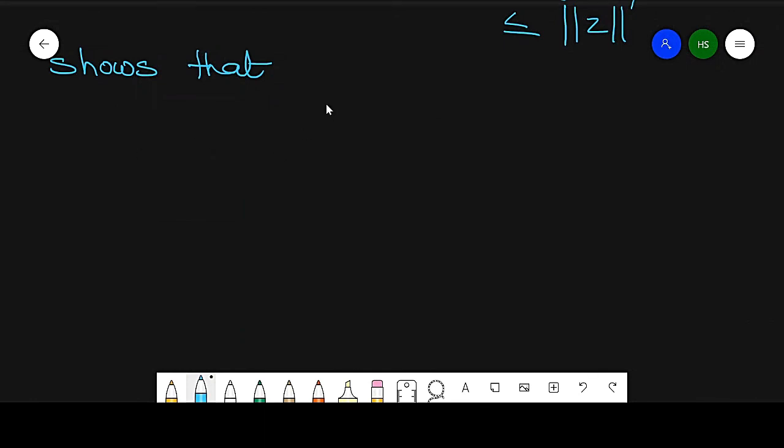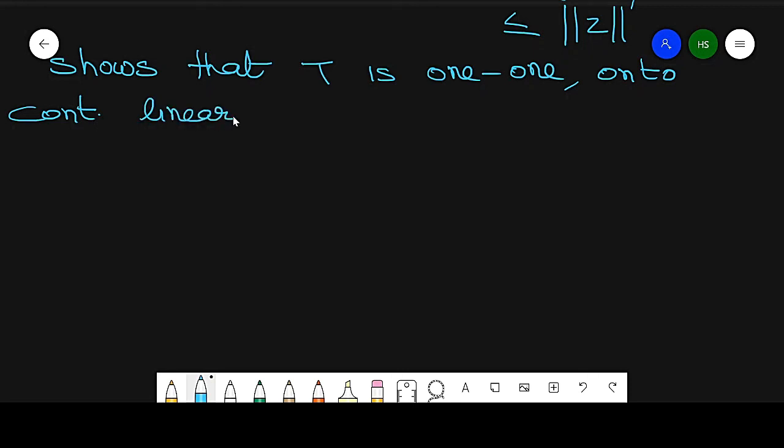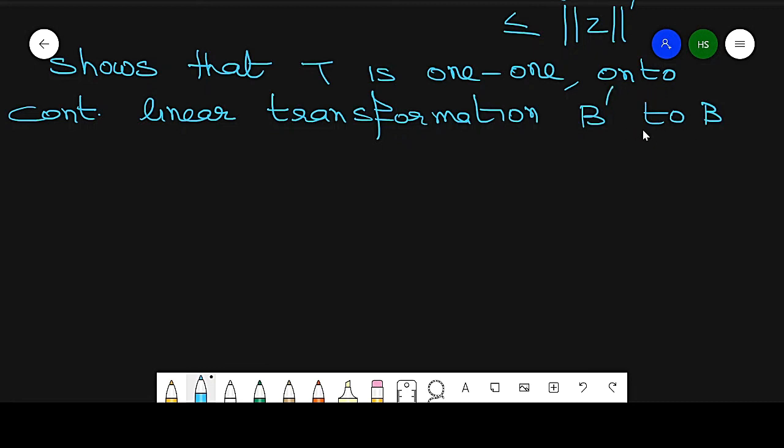It shows that T is a one-one, onto, continuous linear transformation from B dash onto B. If I write onto here, then there is no need to write it elsewhere.